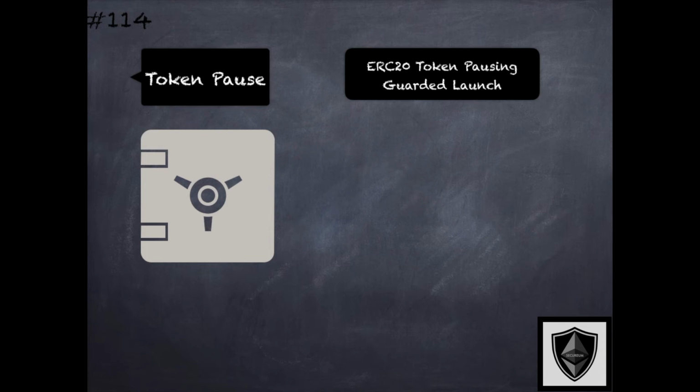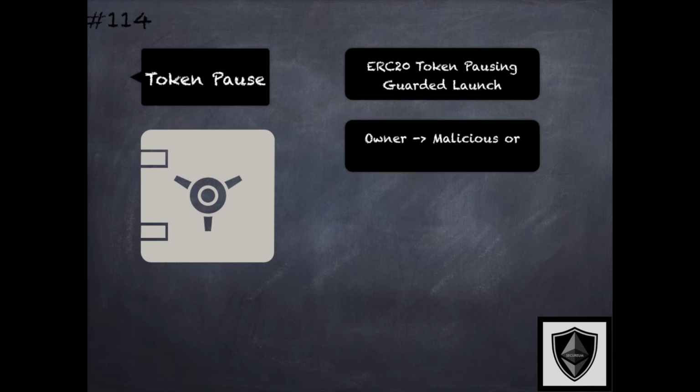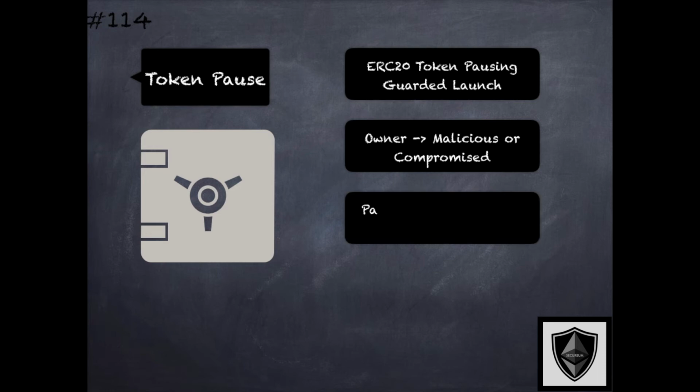However, when this guarded launch approach is applied to ERC20 tokens and pausing some of their functionalities like minting, burning, or transferring, then that could be a concern, because the authorized owners who are allowed to pause and unpause such functionality, those owners or their addresses or accounts could be compromised, or they may even be malicious. In which case, such compromised accounts could pause the contract functionality, trapping the funds of all the users interacting with that contract.